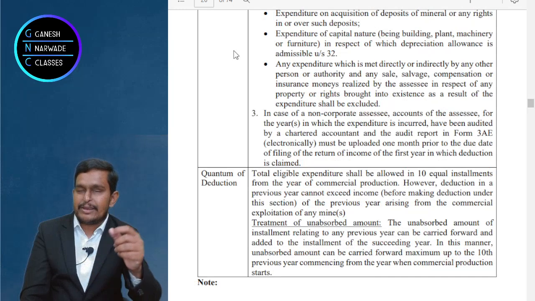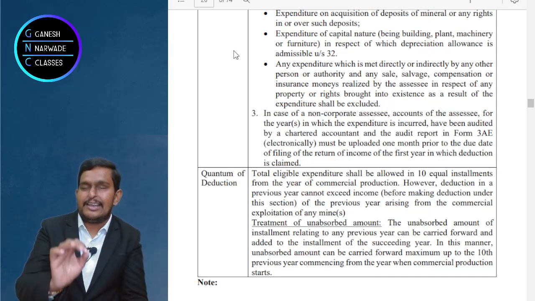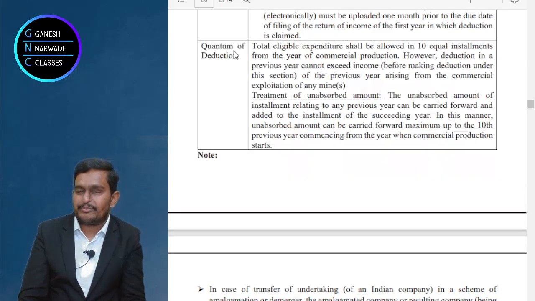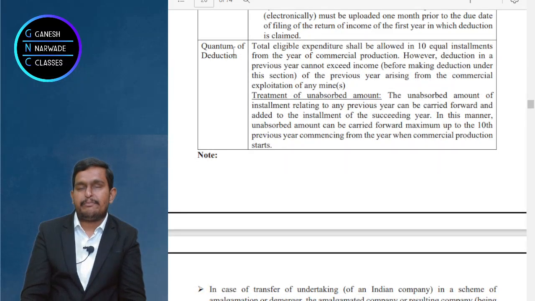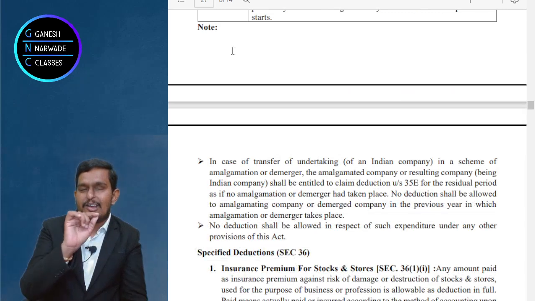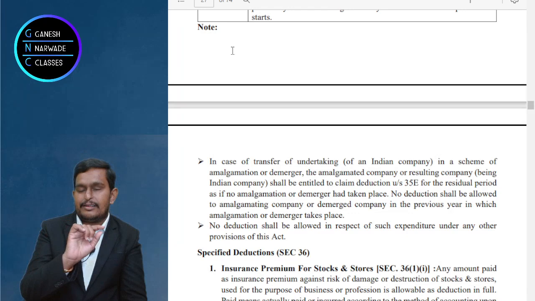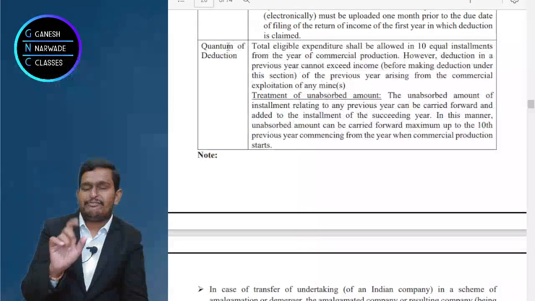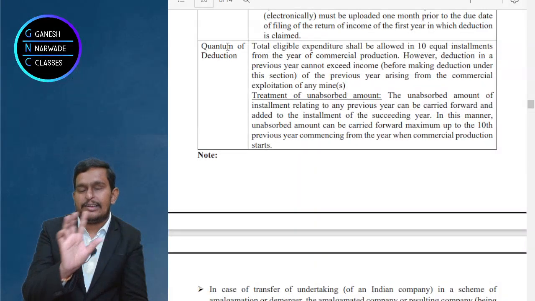Capital expenditure for purchase of land, building, plant and machinery, you are not going to get deduction; you claim depreciation under section 32. Here you will not get deduction. For land, anyhow, nowhere. So what do we remember? If it is for acquisition of site, deposits, or for assets on which depreciation can be claimed, or if payment is done by others, then no deduction.